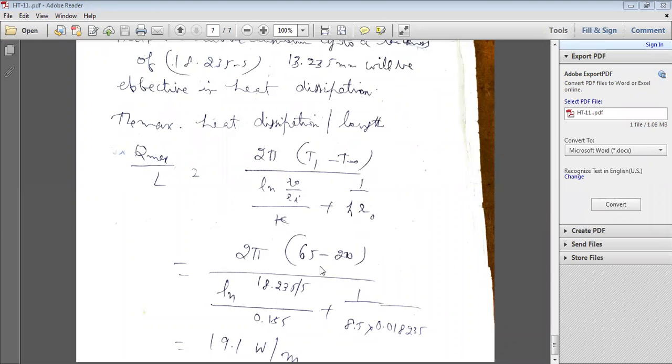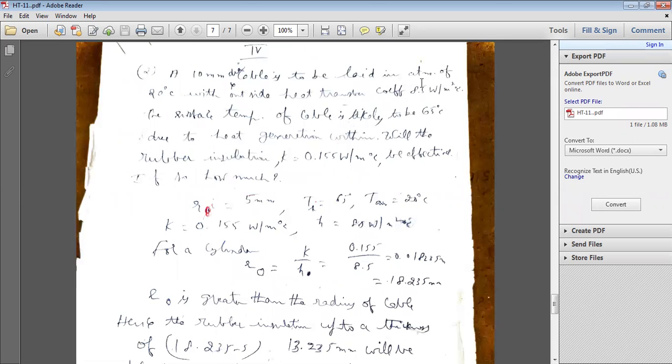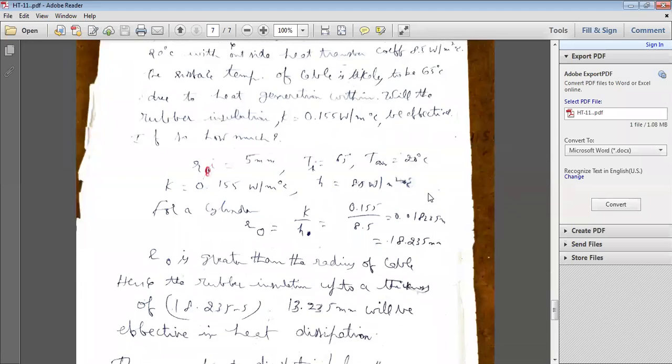if we substitute the available values, ln 18.235 divided by 5, divided by K, the thermal conductivity of the insulating material, rubber, 0.155, plus 1 by H, the outside convective heat transfer coefficient, given as 8.5.